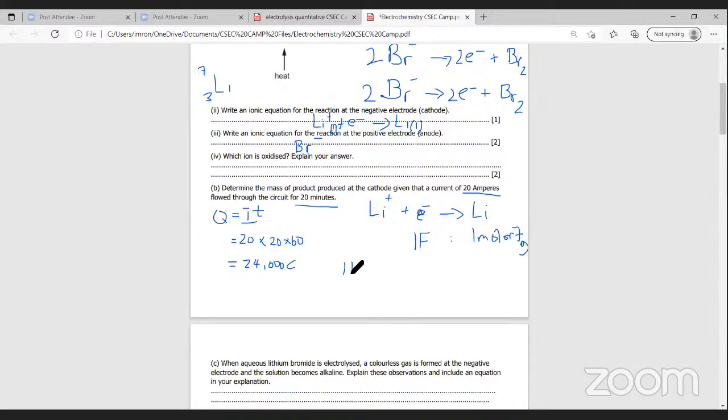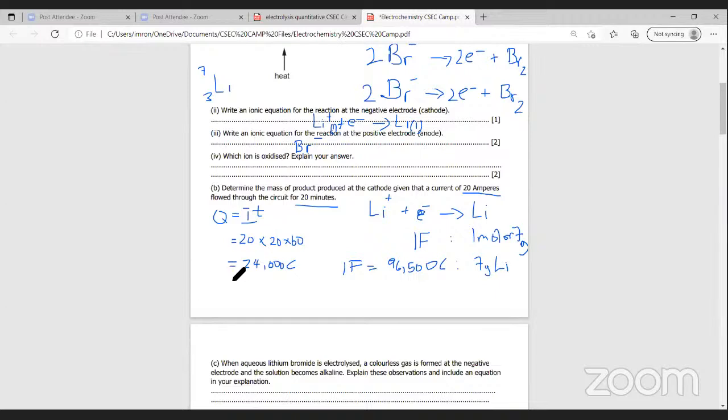So 1 Faraday is the same thing as 96,500 coulombs, and that produces 1 mole or 7 grams of lithium.